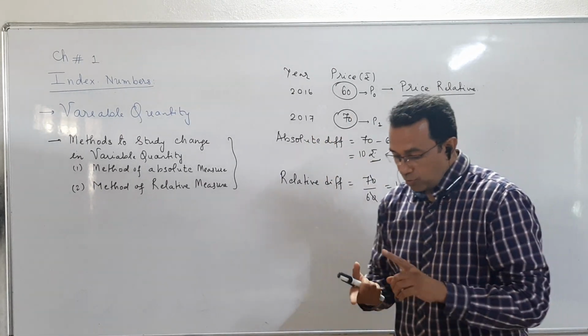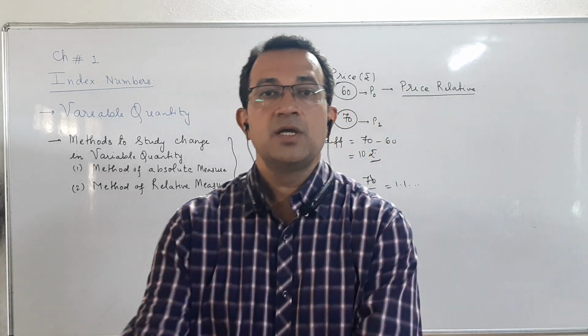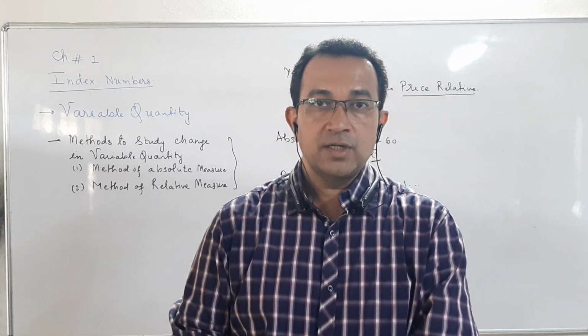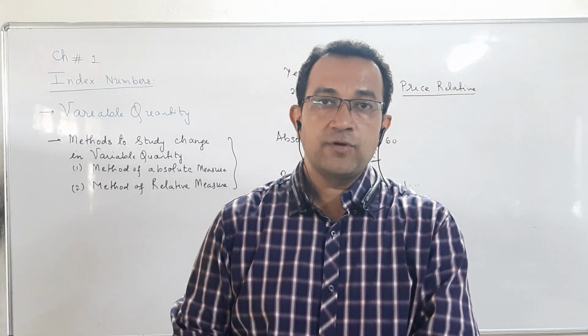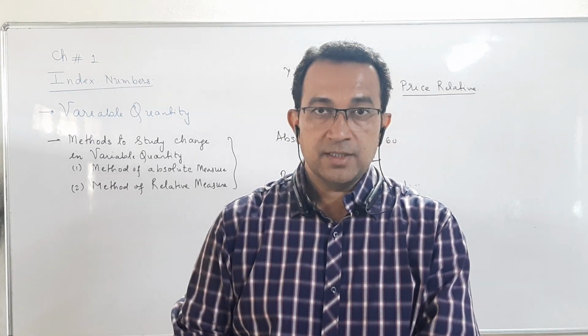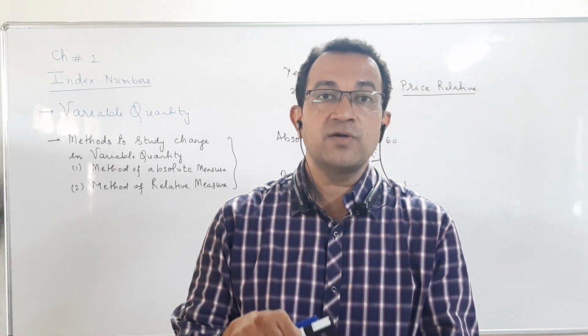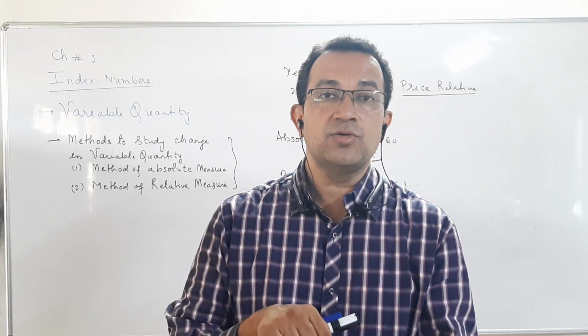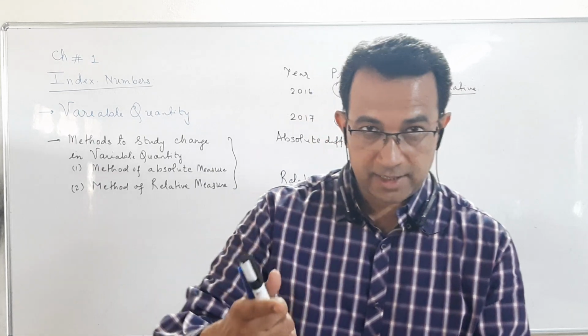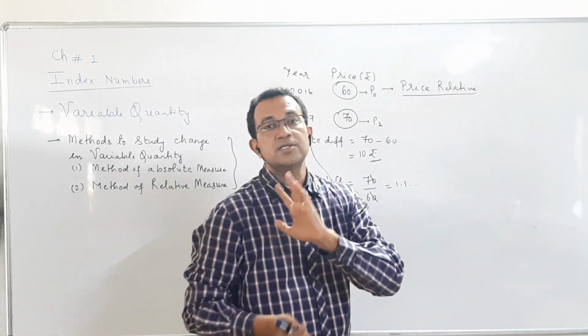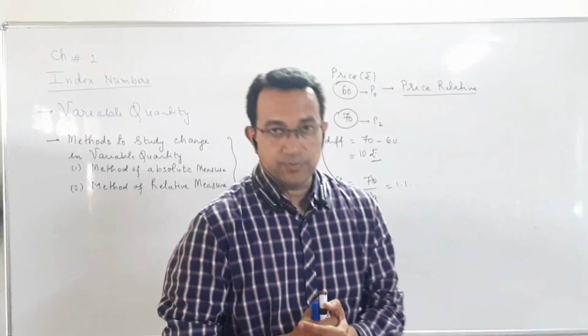So students, what is price relative? The ratio of price P1 to P0, where P1 is the price of the higher year and P0 is the price of the lower year, meaning the previous year, is called price relative.